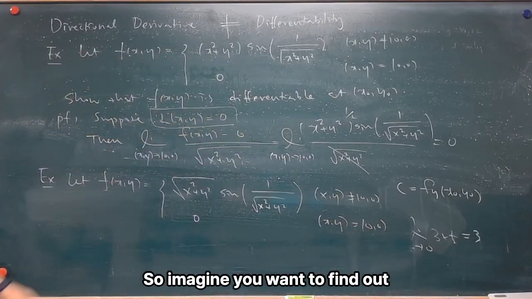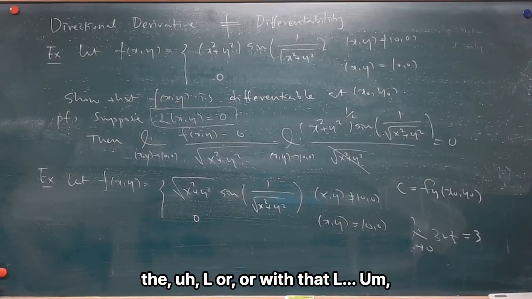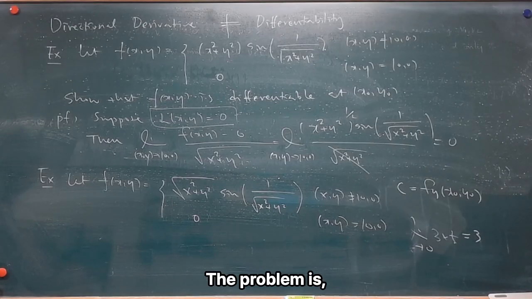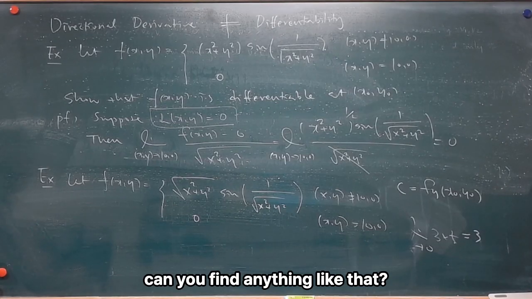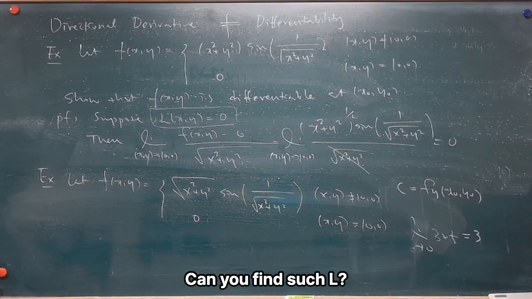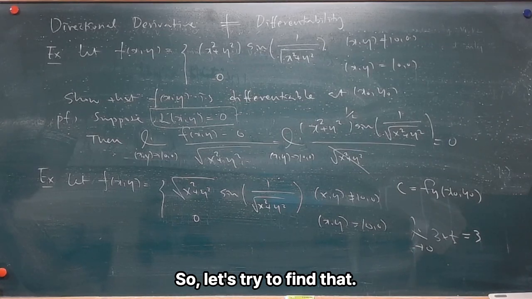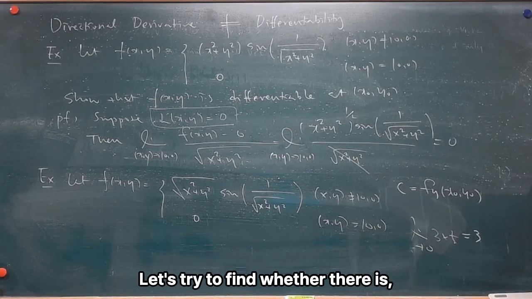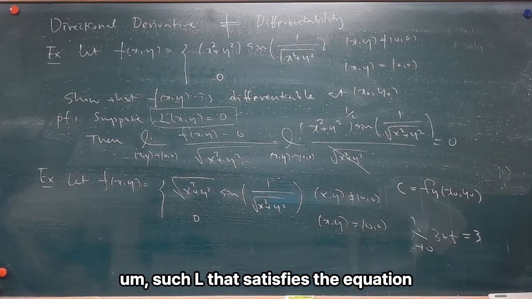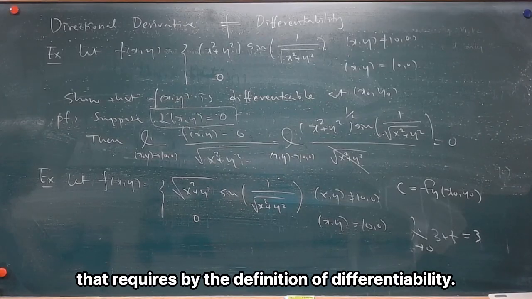So imagine you want to find out the L such that the limit is equal to 0. The problem is, can you find such an L? Let's try to find whether there is such an L that satisfies the equation required by the definition of differentiability.